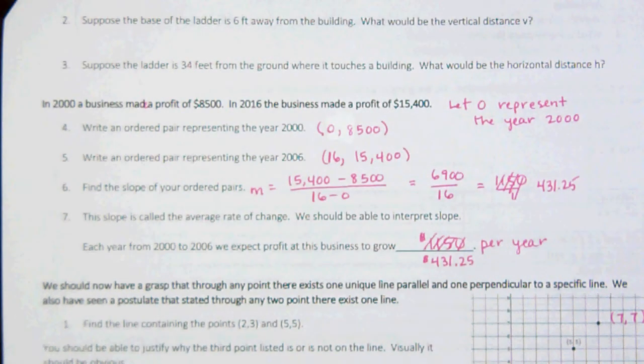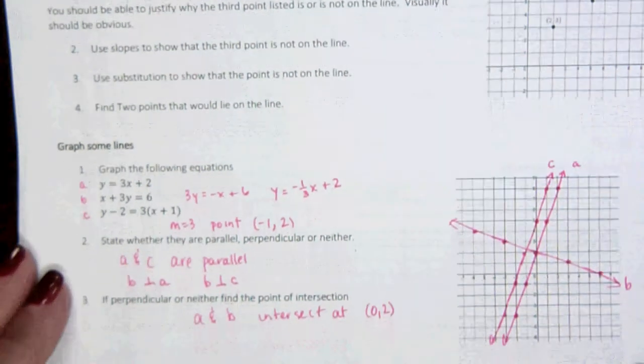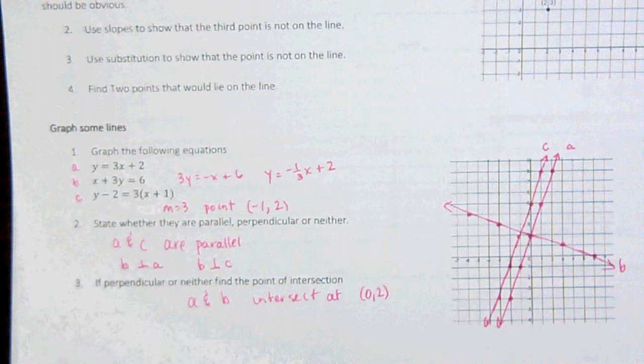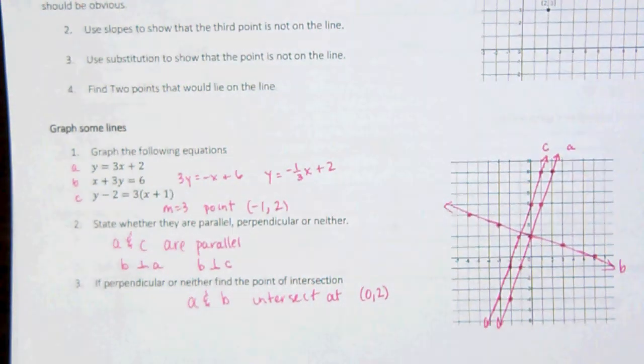Okay? And then lastly, some of you were doing this on your packet already, and some of you may get to this today as you work on your stages, your different stages of lines. We have to be able to graph lines. And I think that's where you probably have appreciated your y equals mx plus b the most, because if I have the y-intercept and I have the slope, I should be able to graph the line.